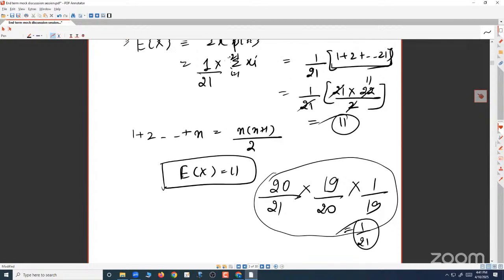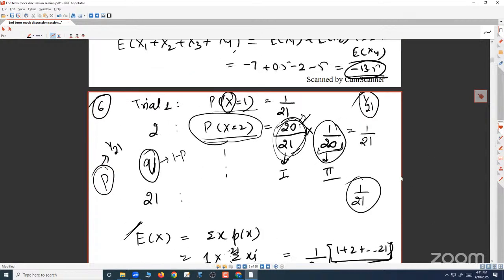So basically, if you see here, probability of x equals 2 is basically what? Let's consider A and B, two events. A is that I'm able to open the house at the first trial, and B is the same in the second trial. If I have to calculate probability of x equals 2, that means I have to calculate that at the second trial, I'm able to open the house.